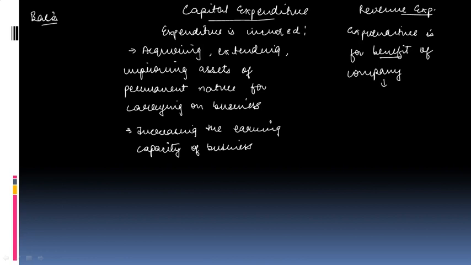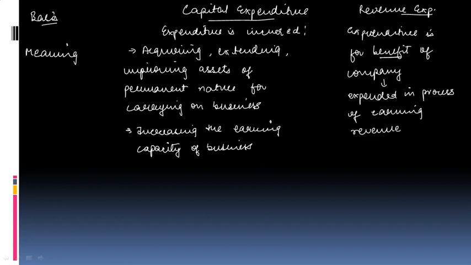And this is expended in the process of earning revenue. So whatever amount you are earning at present, just to boost it up, just to increase your earnings. If you are earning approximately 2 crore rupees per month, this kind of expenditure is done so that you can increase your earnings. So the basis is all about the meaning itself, right?